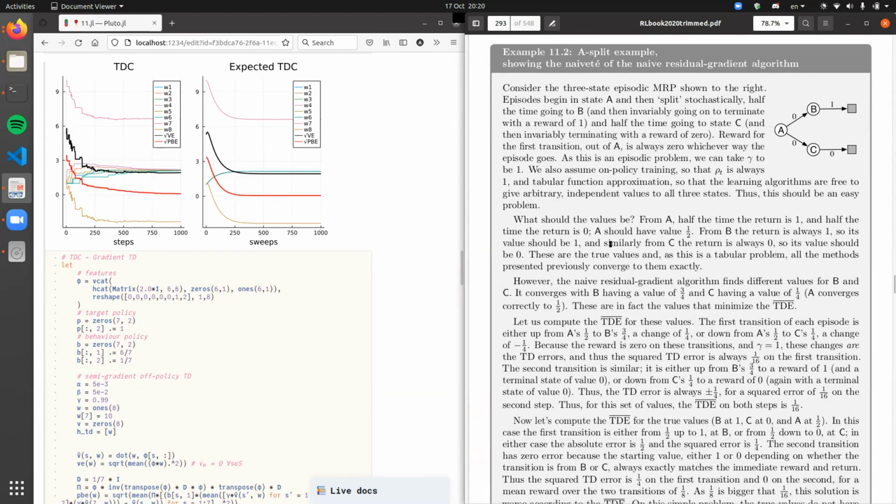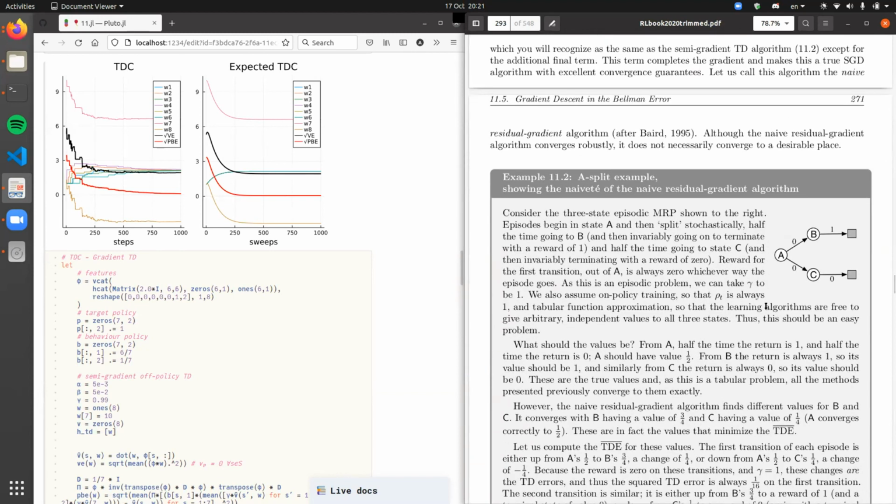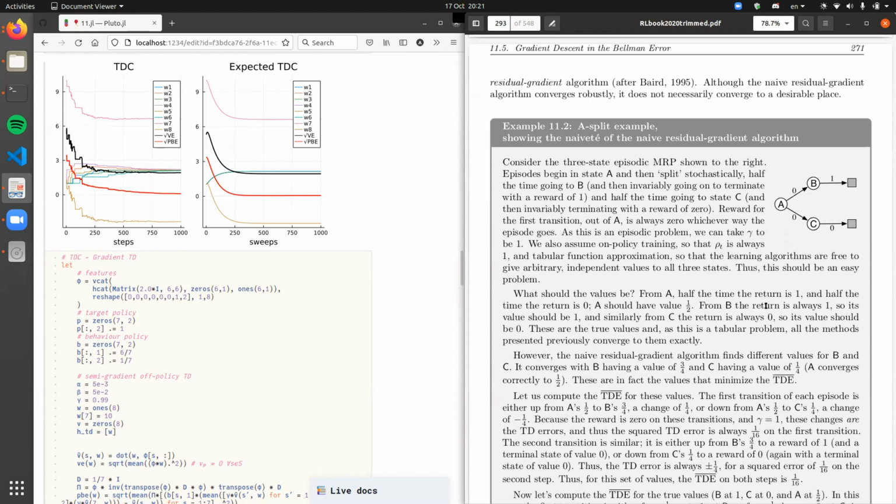Why does this happen? Because what we are minimizing is this expected temporal difference error, but as was shown in the error function geometry section, the point that minimizes expected TD error is not the same as the point that minimizes, for example, the Bellman error, which would be where our approximate value function is closest to the true value function.